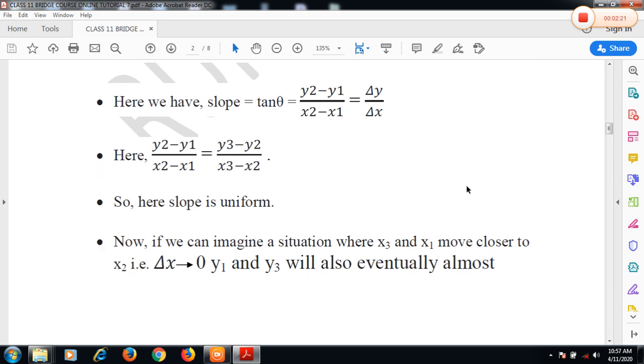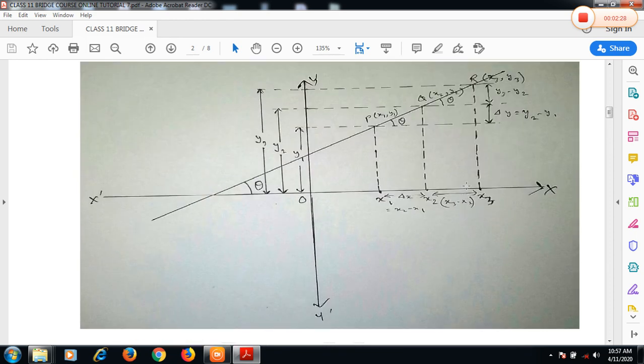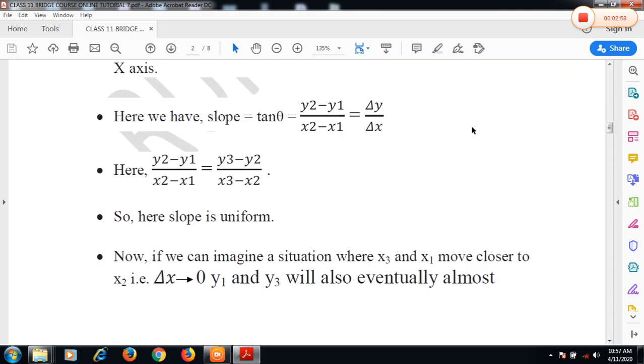Now, let us imagine a situation where x3 and x1 move closer to x2. x1 and x3 are moving closer to the middle point x2, then their corresponding ordinates y1, y2 and y3 will be almost merging together. That is, in that condition, f(x1) will be almost equal to f(x2) will be almost equal to f(x3). Okay.